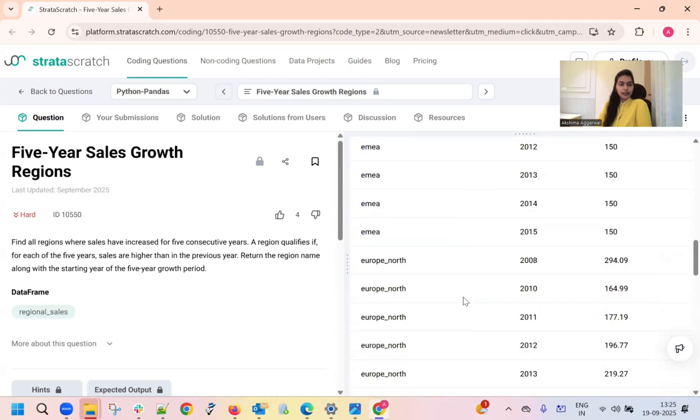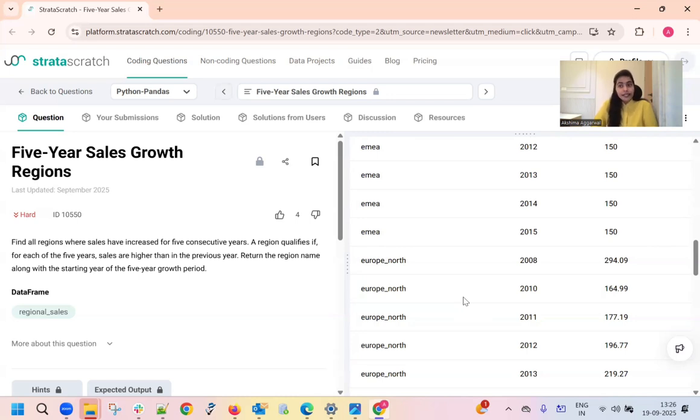Now let's make a strategy. First of all, I'm going to find out how many regions are uniquely present in our data frame. Then one by one, we consider the region, and if the number of years of sales of that particular region is more than 5 years, then we are going to consider the latest last 5 years of sales of that particular region.